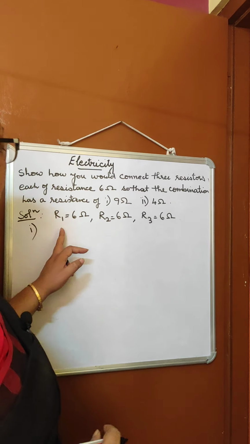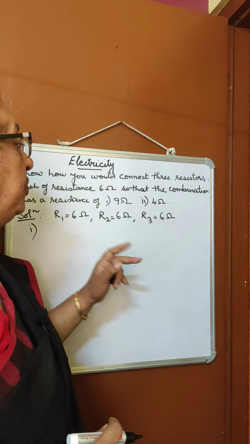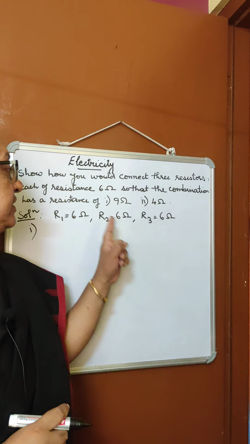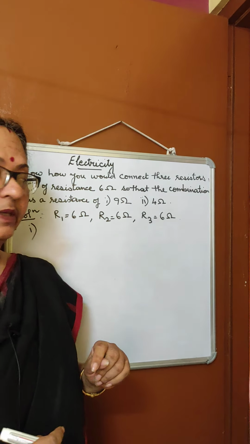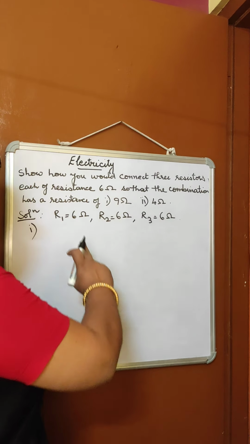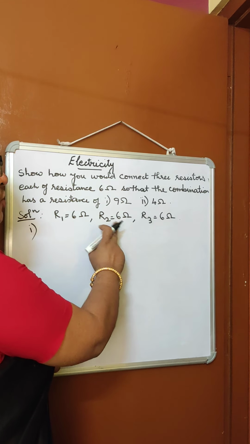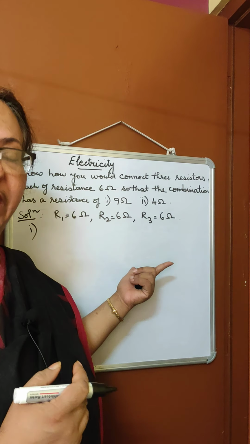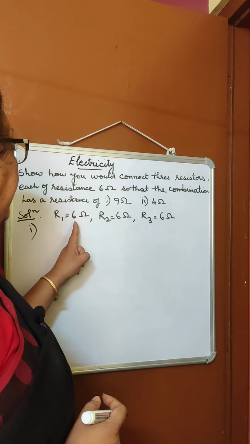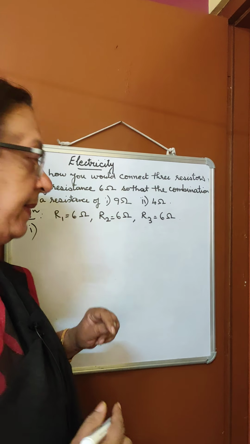Now we want to connect all of them in such a way that the total resistance is 9 ohms. So what can we do for it? First, we can connect R1 and R2 in parallel. Let's see, this is just trial and error method.